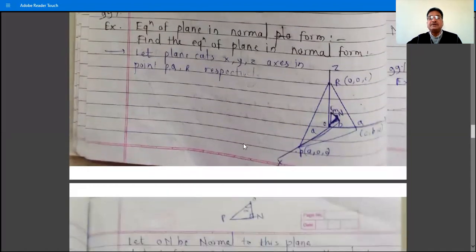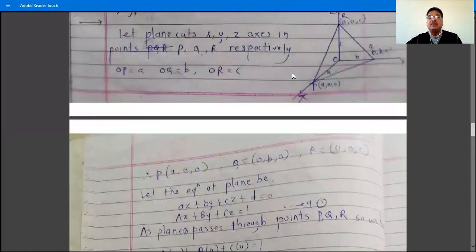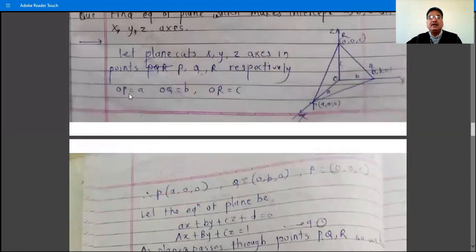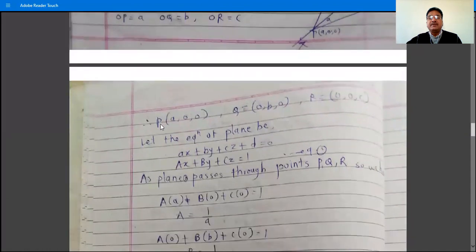So write those statements first: let the plane cut the x-axis, y-axis, and z-axis in the points P, Q, R. That is this statement. Let OP be equal to a, OQ equal to b, and OR equal to c. Therefore these are the coordinates of the points P, Q, R, and let the equation of the plane be as follows.